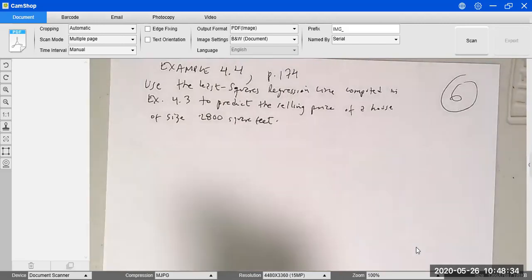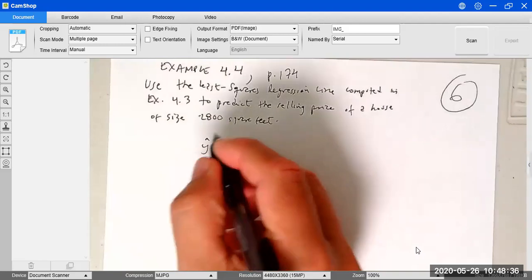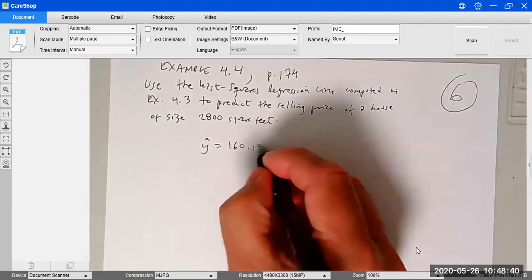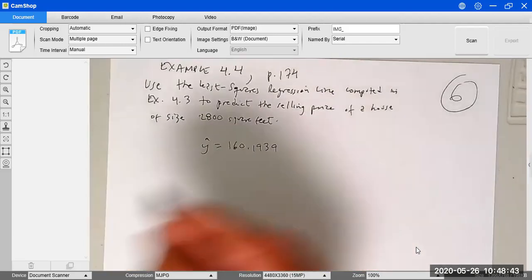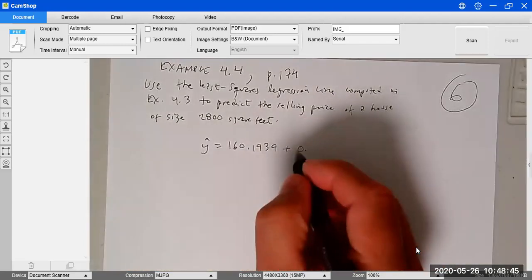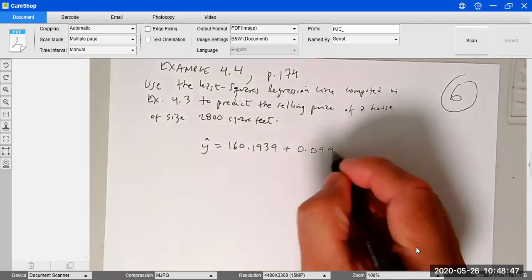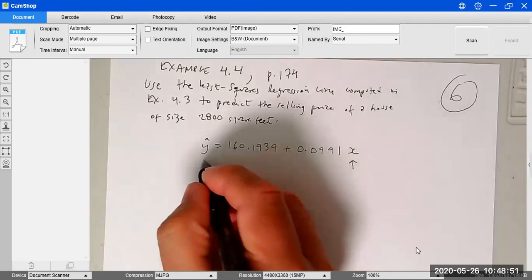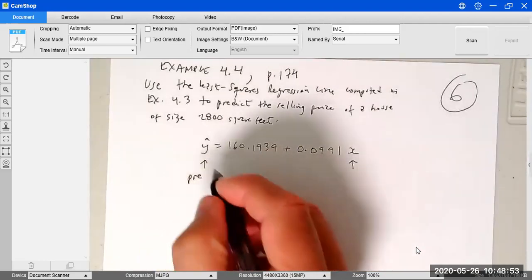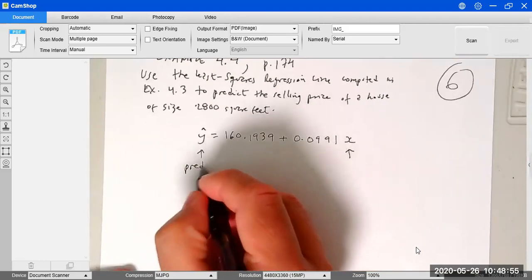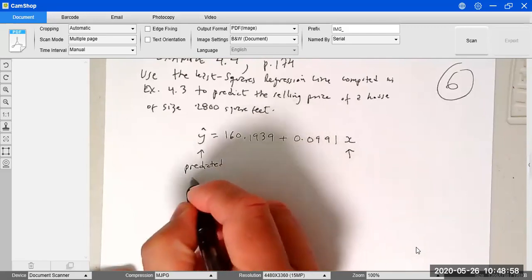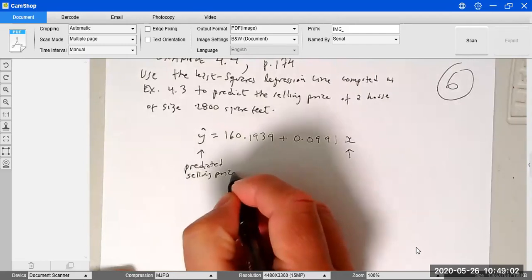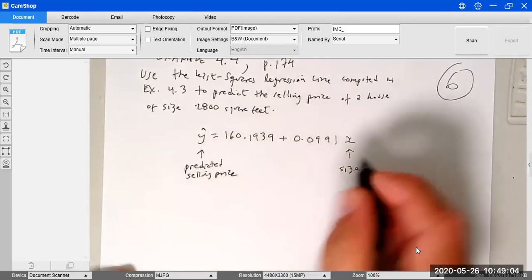So what is the equation? The equation is y hat equals 160.1939 plus 0.0991 x. So this is the predicted selling price, and this is the size of the house.